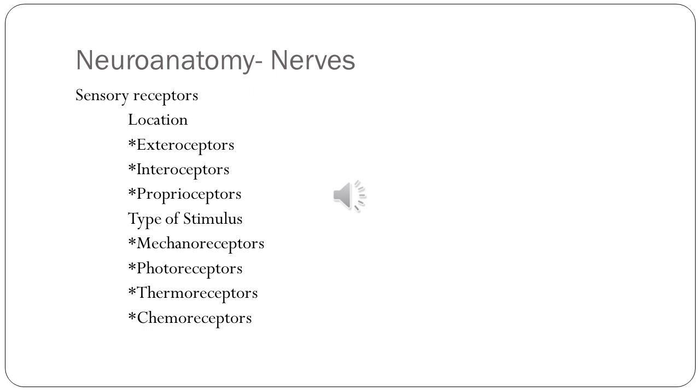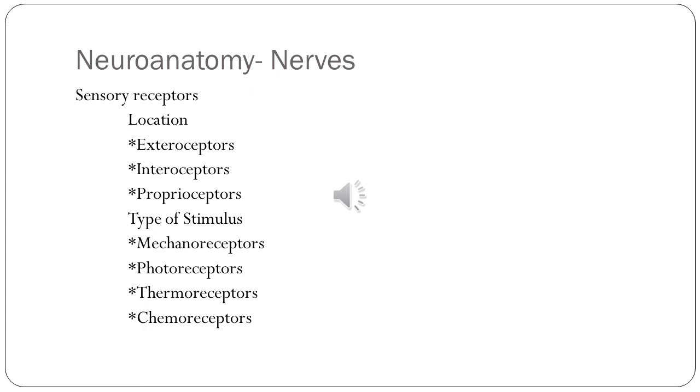There are different ways to classify different types of sensory receptors. We're going to look at two different types of classifications: sensory receptors classified by location, and sensory receptors classified by the type of stimulus.